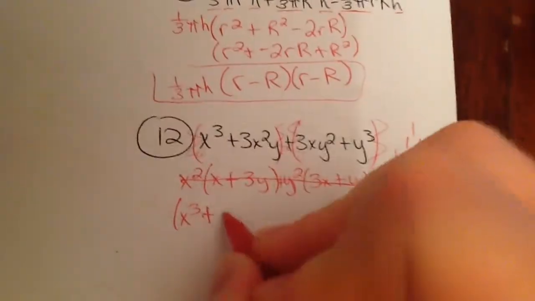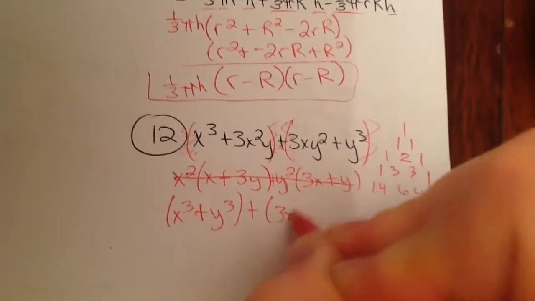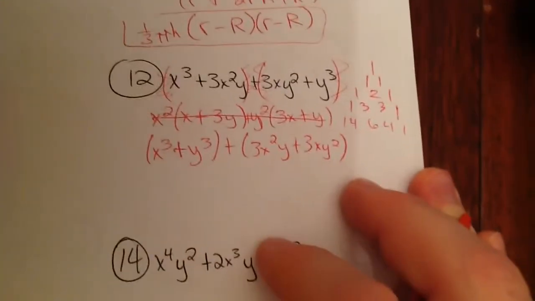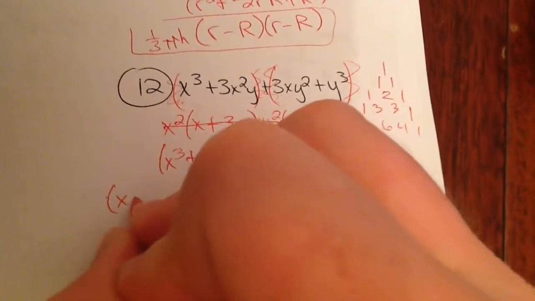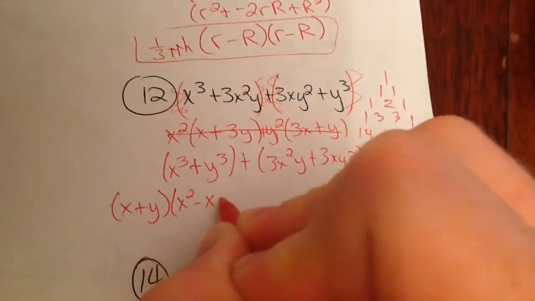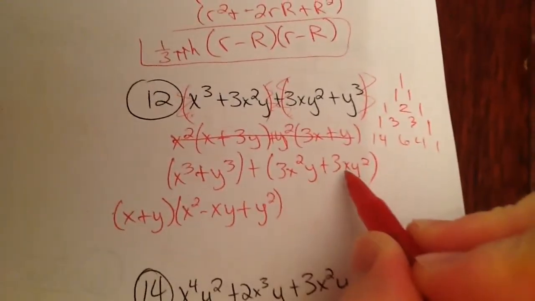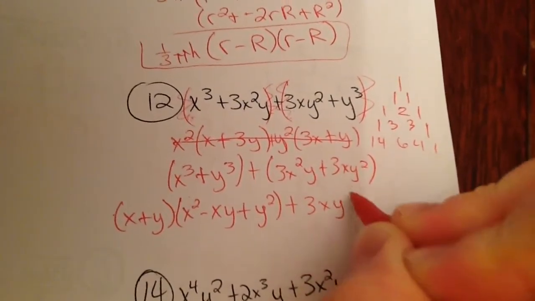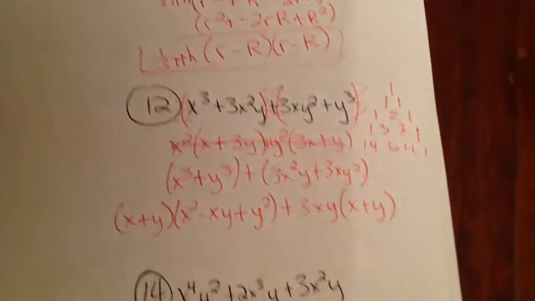It was x to the third plus y to the third, and then I grouped those two, 3x squared y plus 3xy squared, and then that was sum of cubes, so it was x plus y, same, opposite, positive. And then that was GCF, so plus 3xy times x plus y.